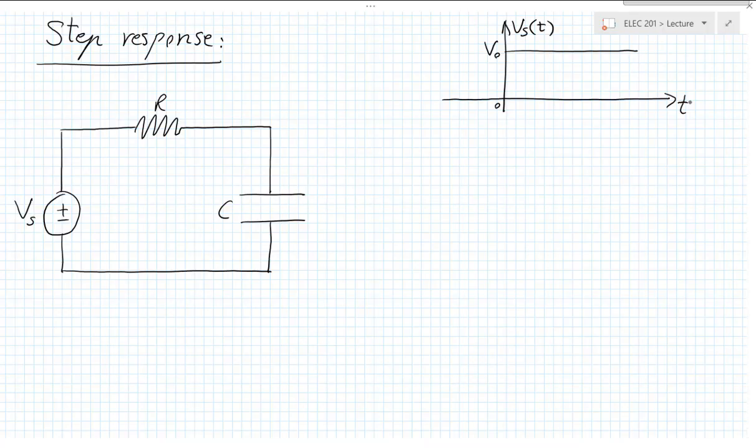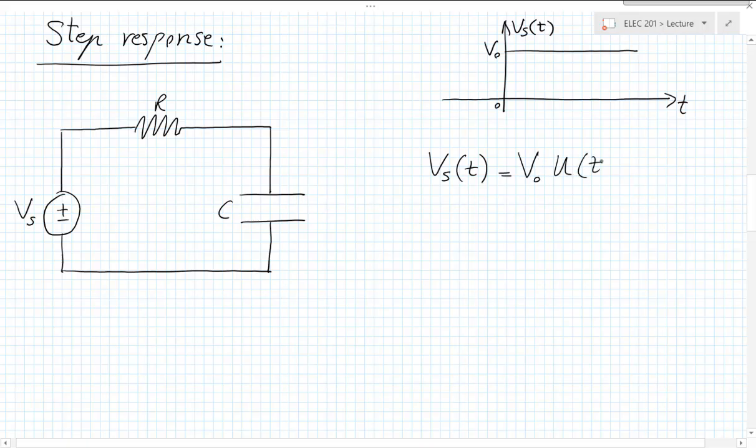But the point that I want to bring to your attention is that your input is a step function. By the way, very often you will see this function designated as u of t, which stands for step function. Have you seen that in math somewhere, using the letter u to describe the step function? Yeah, it's common, u of t, a function of time that goes from 0 to 1, right? So in this case, v sub s of t is simply V naught times u of t.